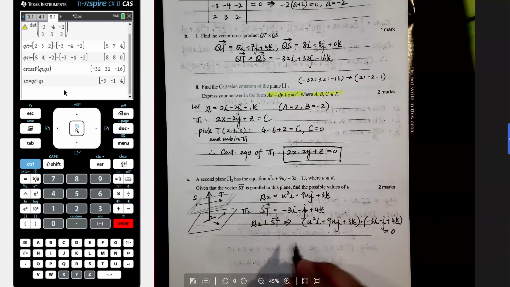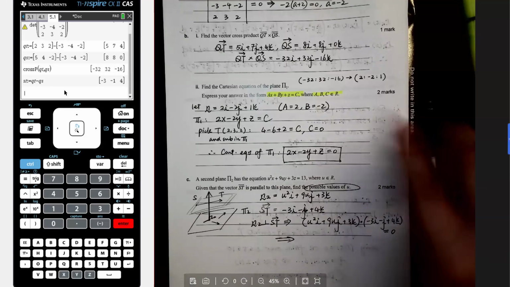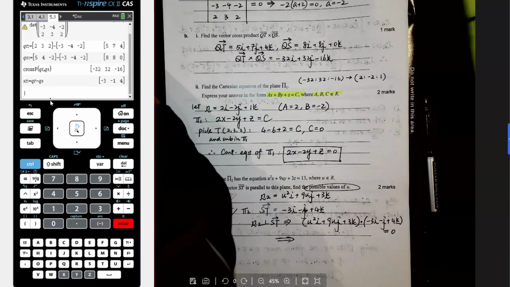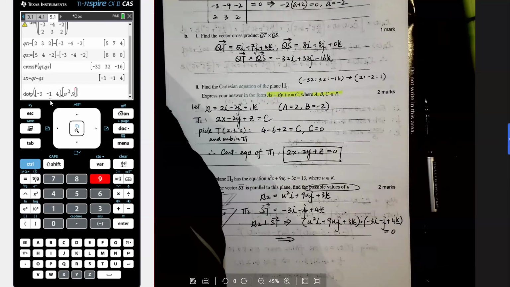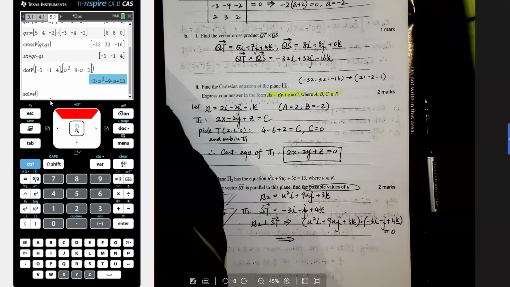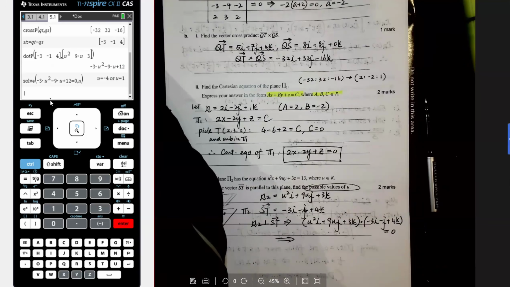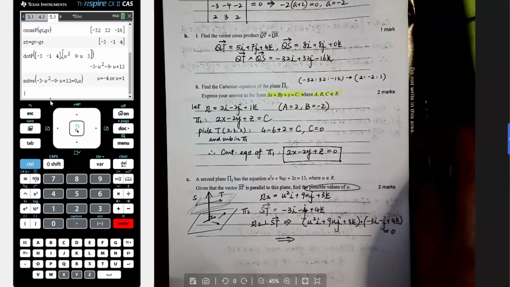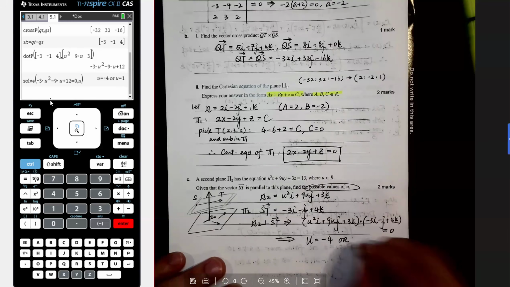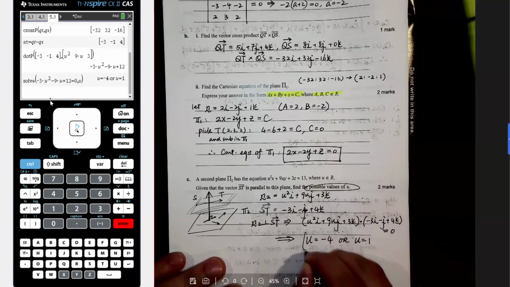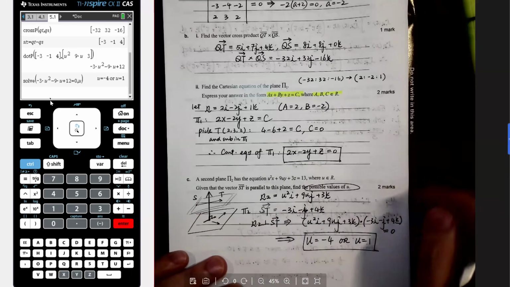And I just need to solve the equation for the possible values of u. So I'm going to take the dot product of (u squared, 9u, 3) and solve that equal to 0 for u. u equals -4 or 1. Problem solved.